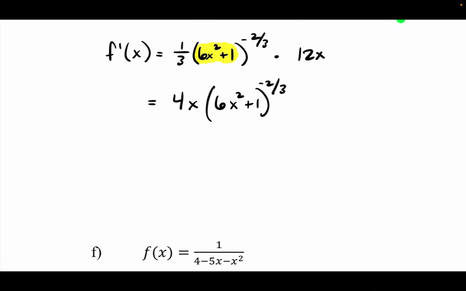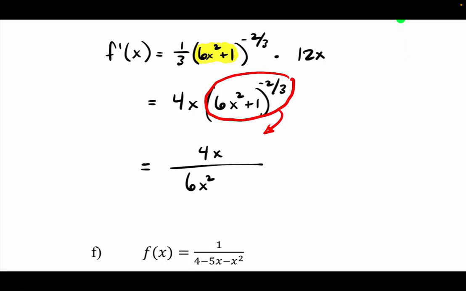Well, I can't finish with a negative power. So how do I change that? You move it to the bottom. So we're going to have 4x on top, 6x squared plus 1 to the +2/3 power.